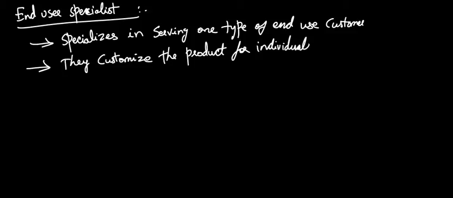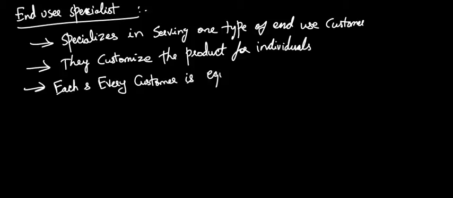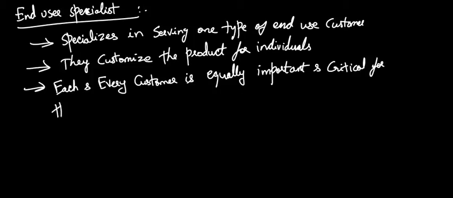because in this type of niche market, each and every customer is equally important and critical for the firm's success. Which means they cannot even let go one customer because it will affect the firm in a large manner.